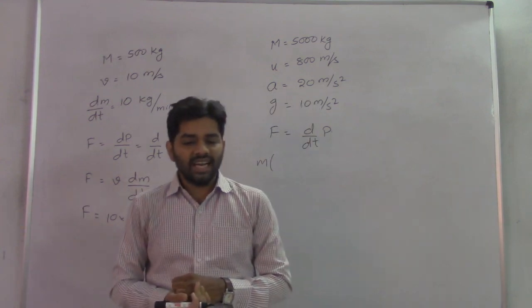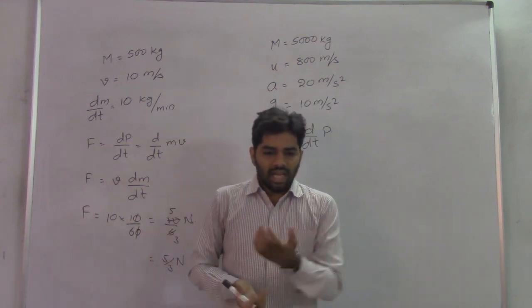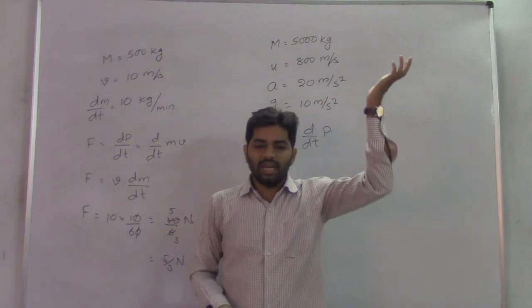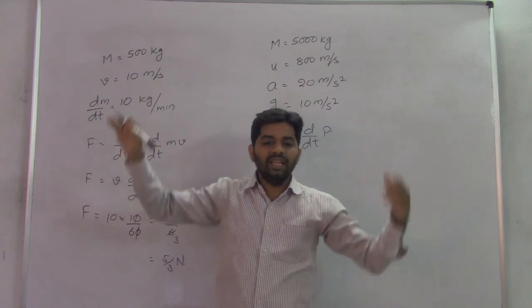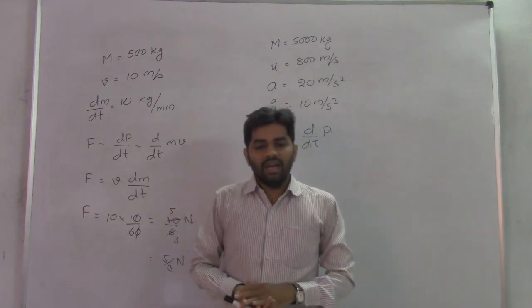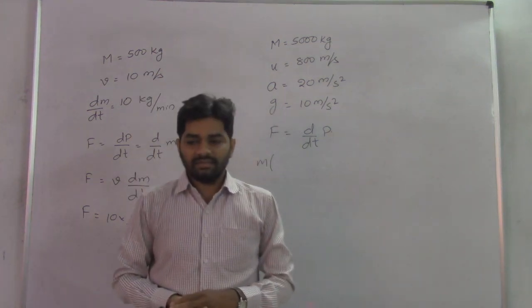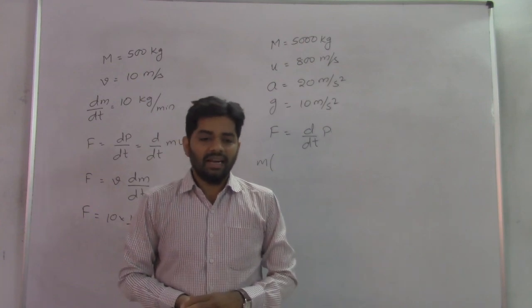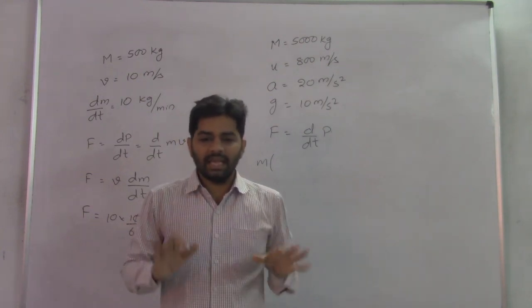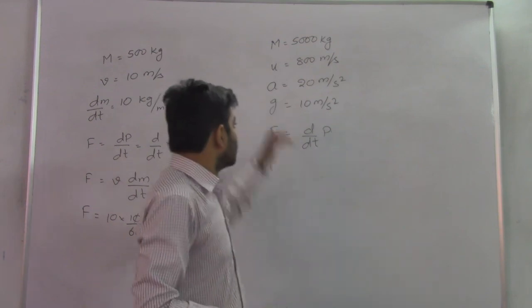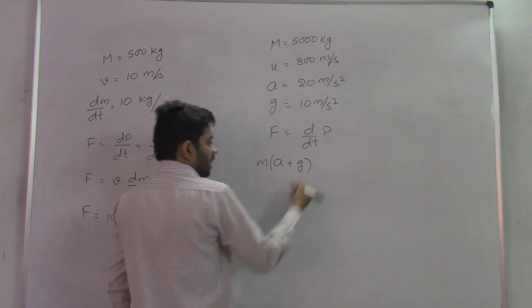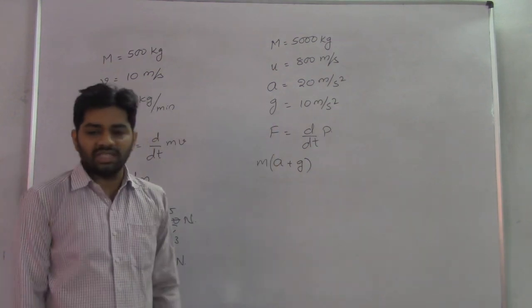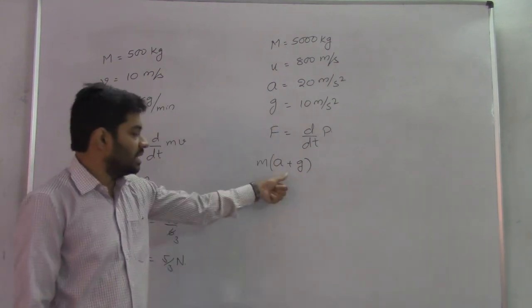Simple example, in a giant wheel, clear? If you are going upward, you will feel that your body weight is increased. While coming downward, you will feel that your body weight is lost. You are flying in the sky. Clear? That is apparent condition. But your body will remain the same. It won't change. So in this case, while going upward, acceleration is taken as a plus g. If it is coming downward, a minus g. If velocity is constant, simply g only.